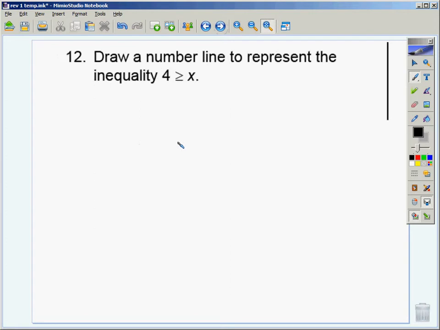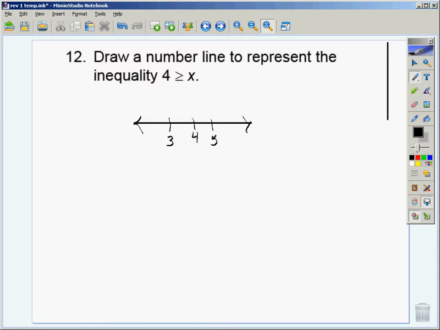Number 12, draw a number line to represent the inequality. When you're drawing the number line to represent this, I'd ask that you at least put 4, one number above it, and one number below it. Don't need to have a bunch of numbers on there, but you should always include one above and one below.